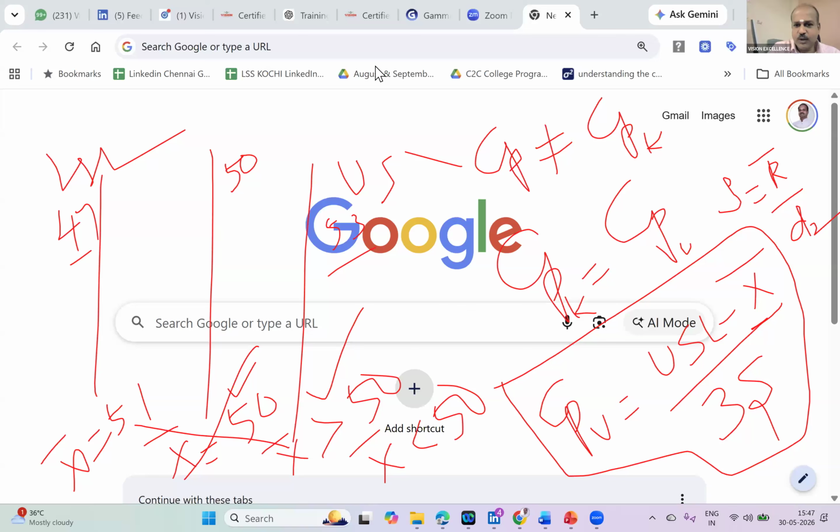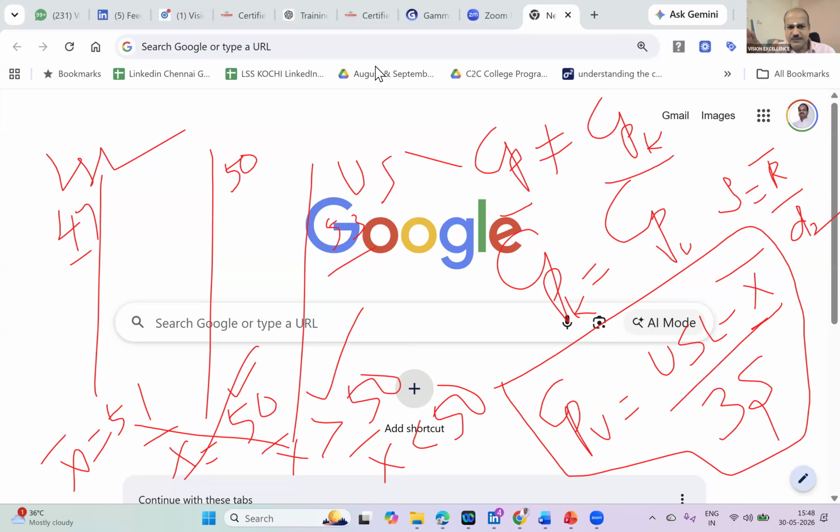And out of the two, which will be larger and which will be smaller? CPK will be smaller. CPK will always be smaller than CP. Max to max, it can become equal.